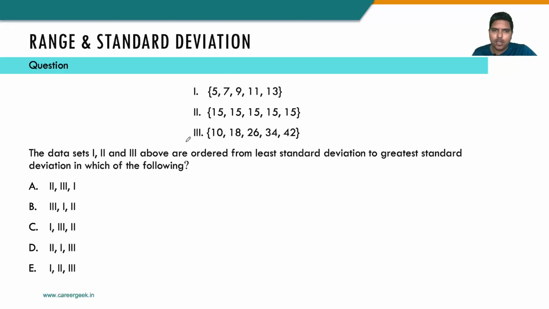Okay, one last question. 3 sets given, 1, 2 and 3, are ordered from least standard deviation to greatest standard deviation. So again, I'll find out the ranges. This is 8. Here there is no range. There's no deviation. So definitely the least is going to be set 2.